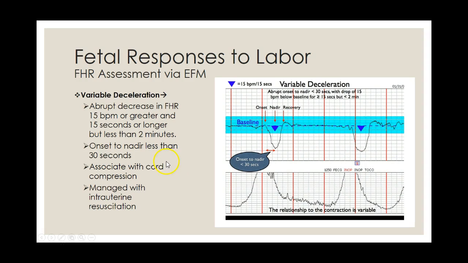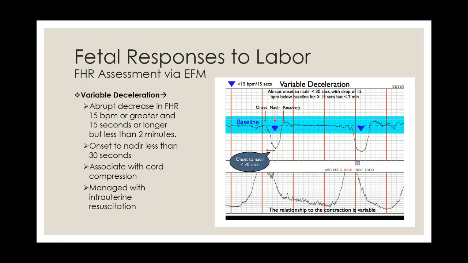These are associated with cord compression. So if we have an umbilical cord that is stuck somewhere and a contraction happens and that umbilical cord gets squeezed, it's just like cutting off somebody's oxygen supply. We've cut off the umbilical cord and the blood flow to the baby.